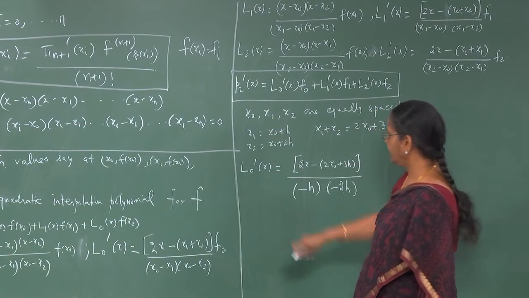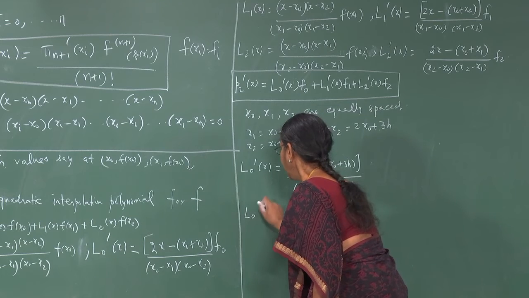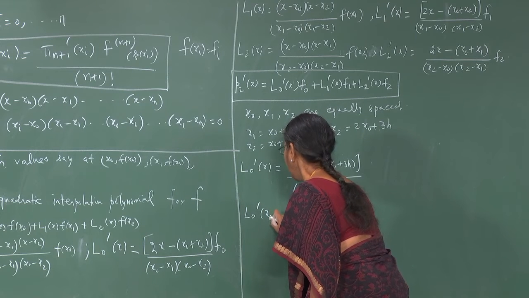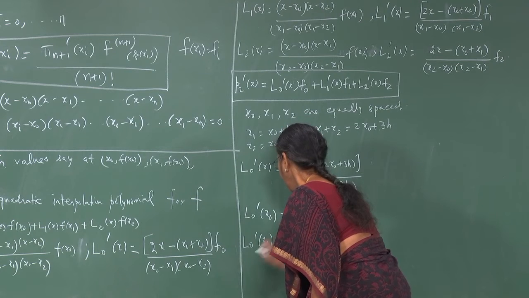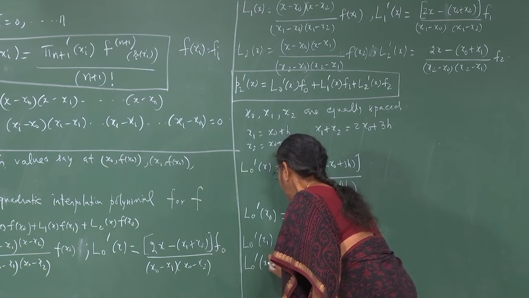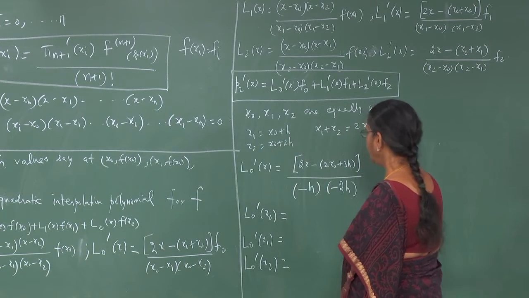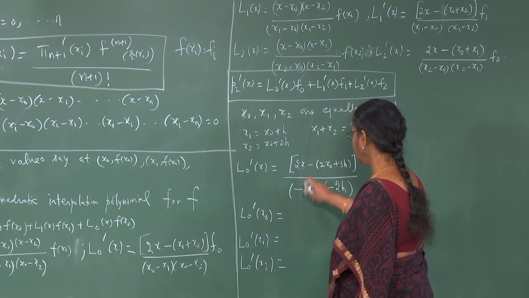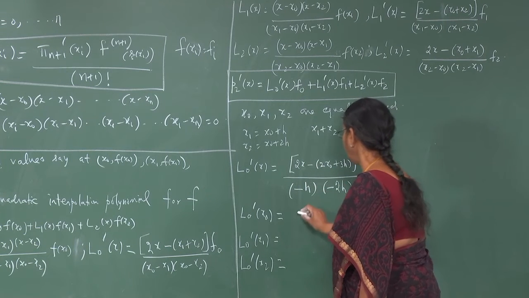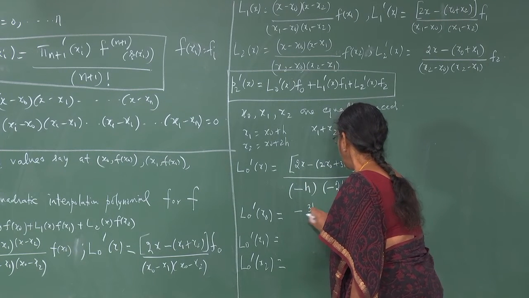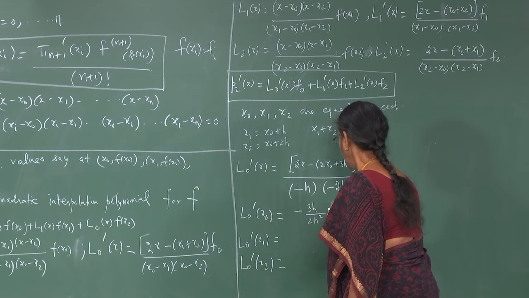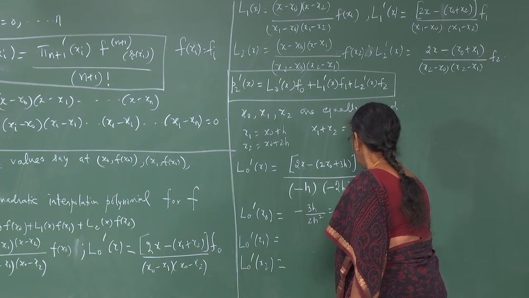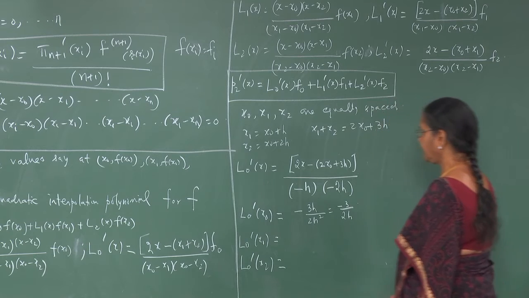But where do I require L0 dashed? At each of these nodes. So, let us evaluate L0 dashed at x0, L0 dashed at x1 and L0 dashed at x2. For x equal to x0, the 2x0 will go, so I am left with minus 3h by 2h square. So, it is minus 3 by 2h.